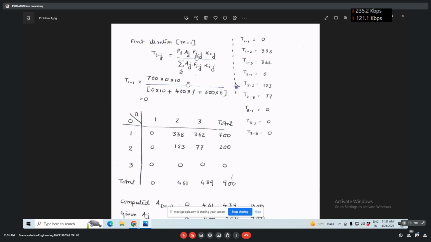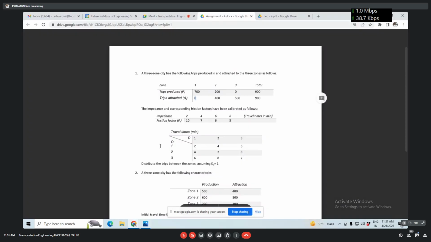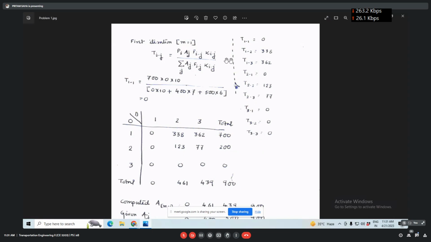Now we need to determine the friction factor F11. Between 1 and 1, if you travel, your impedance is 2, and against 2, your friction factor is 10. So you have written F11 is equal to 10, and 700 multiplied by 0 multiplied by 10.